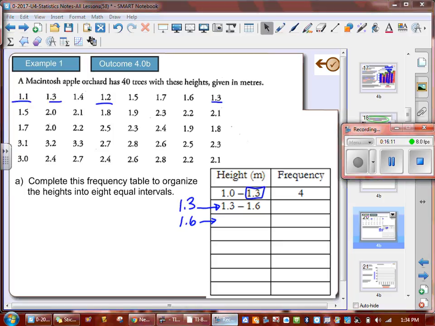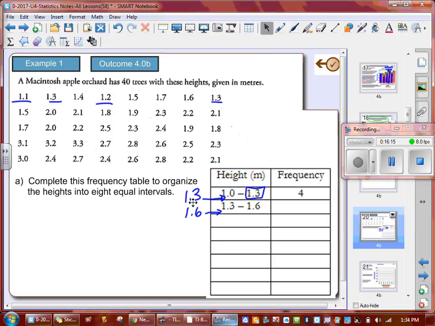Okay, we just noticed that this is actually going to be backwards. 1.3 will be included in that grouping. 1.6 will be included in that grouping. So they're not going to include the front number. They'll include the back number, though. So on this one, they're going to include the 1.4, 1.5, and 1.6. Those are the numbers they'll include in that category.